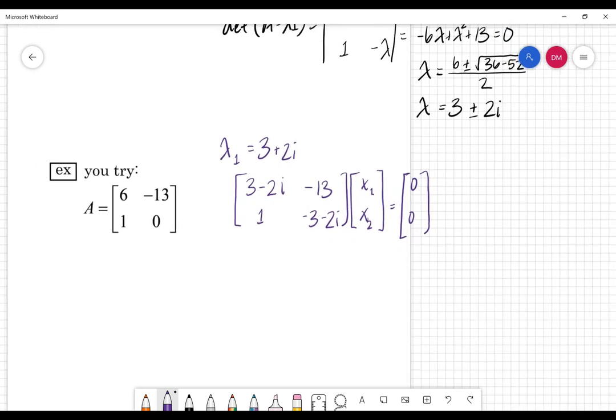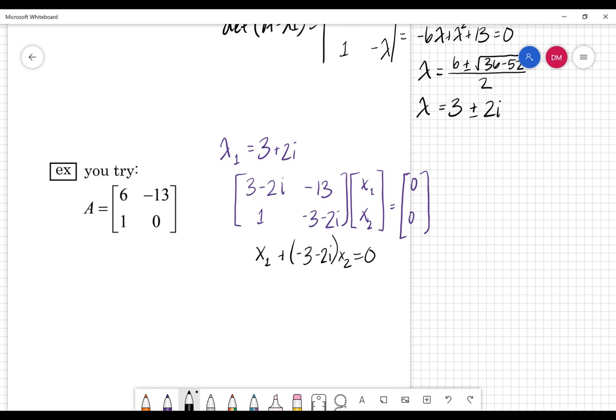This step is really up to you, which of these rows you want to use to do some solving. I'm going to go with row 2 just because it doesn't have a 13 in it. So it looks like we would get x sub 1, and then I have negative 3 minus 2i times x sub 2 is equal to 0.